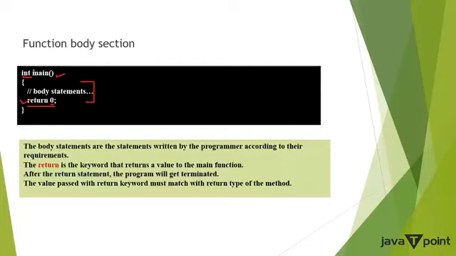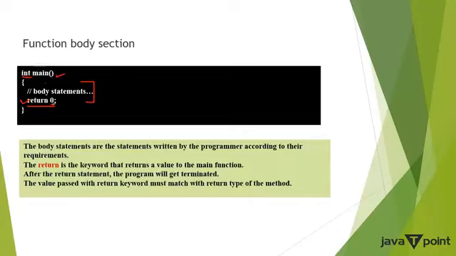Suppose I am writing here int type, so the value must be of integer type. And if I am writing here float, the value must be of floating type. The value should match with this return type. And if I am using the void type, then it is optional to use the return statement.